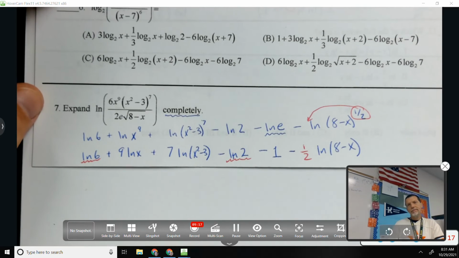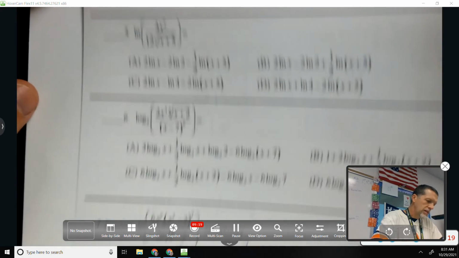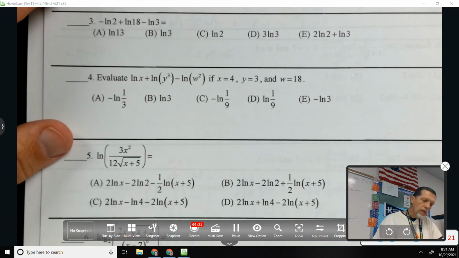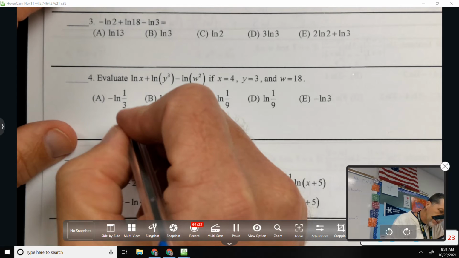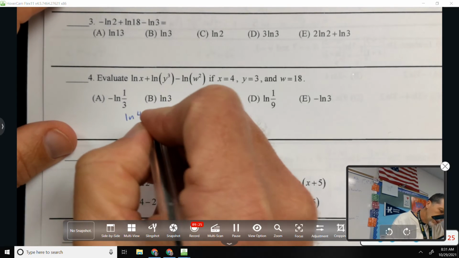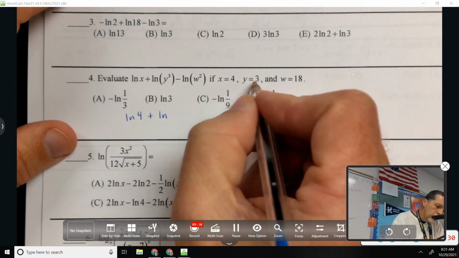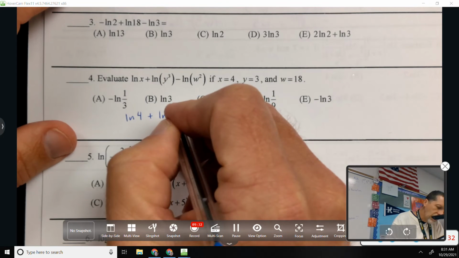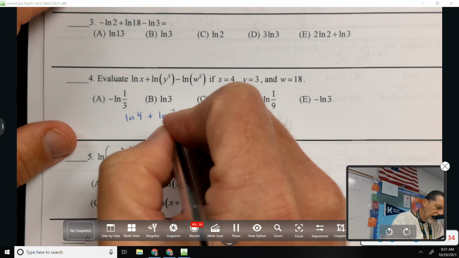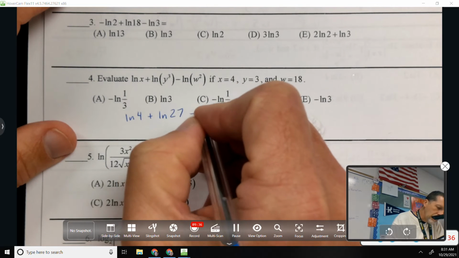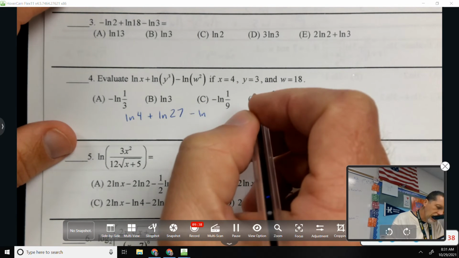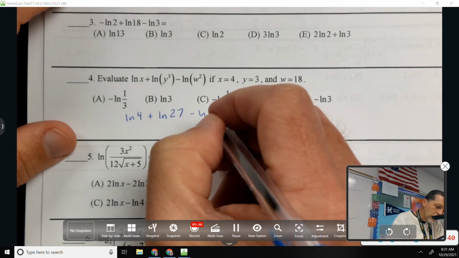Could you also do number 4? Evaluate natural log 4 plus natural log of 3 cubed, which is 27, minus natural log of, okay, I don't want to do 18 squared.